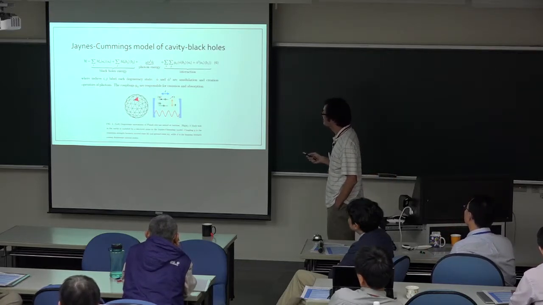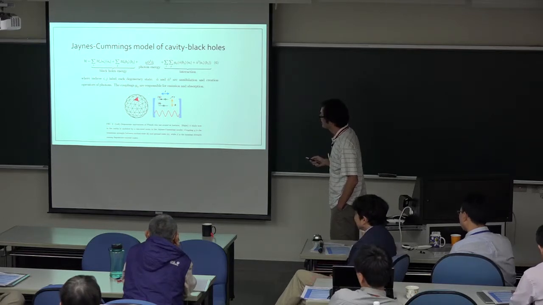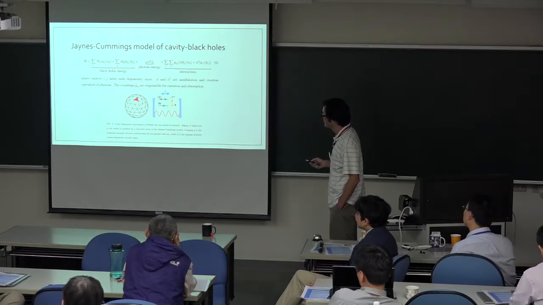So let's just make a naive guess that we have a Jaynes-Cummings model for this cavity black hole system. We have kept the black hole in the cavity, if we can do that. Maybe look at a picture first. We have a black hole, and we know the degrees of freedom are located at the horizon.